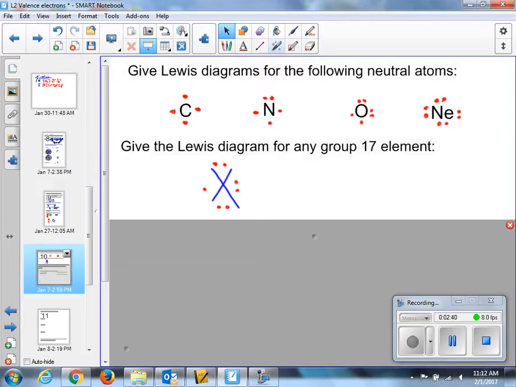Now if I said anything from oxygen's column, 16th group, so sulfur, what would be the only thing different if I asked you to do the diagram for sulfur compared to oxygen? What's the only thing different from the dot diagram? The letter S, yeah. The dots are the same. Now, the reason why I bring this to your attention is columns are called families on the periodic table, and they have similar characteristics.